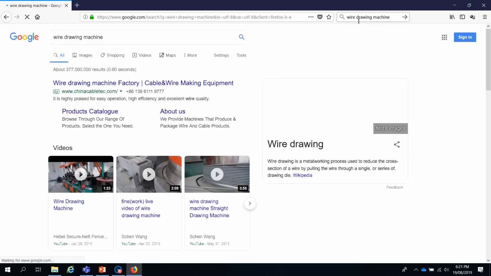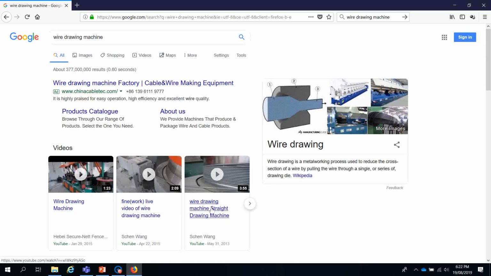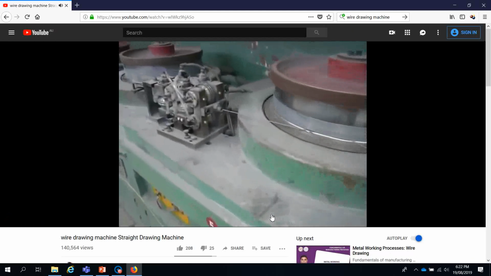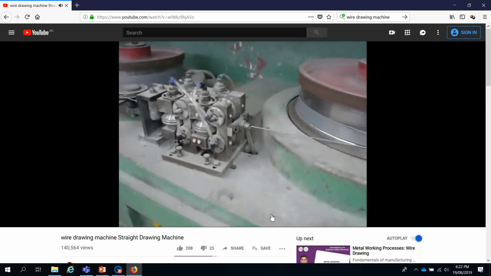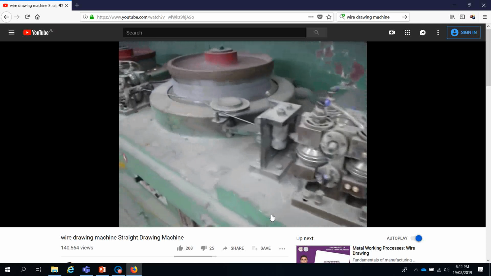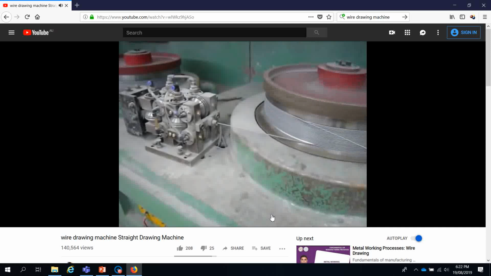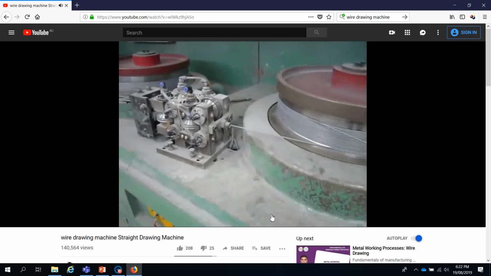I will take the shortest one. So you can see that the diameter is simply reducing each time we pass it through one of the dies.